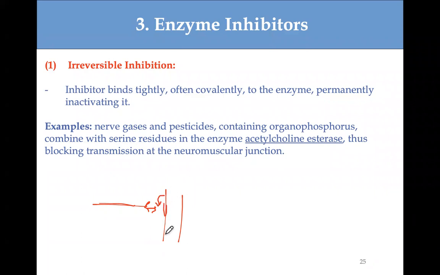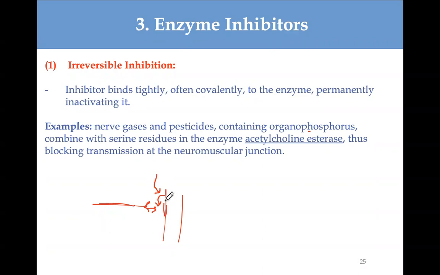Now, some pesticides and nerve gases contain organophosphorus molecules. This organophosphorus molecule inhibits acetylcholine esterase activity, so that acetylcholine molecules cannot be degraded. So they persist, and they bind to their receptors and activate them for a longer time, persistently.